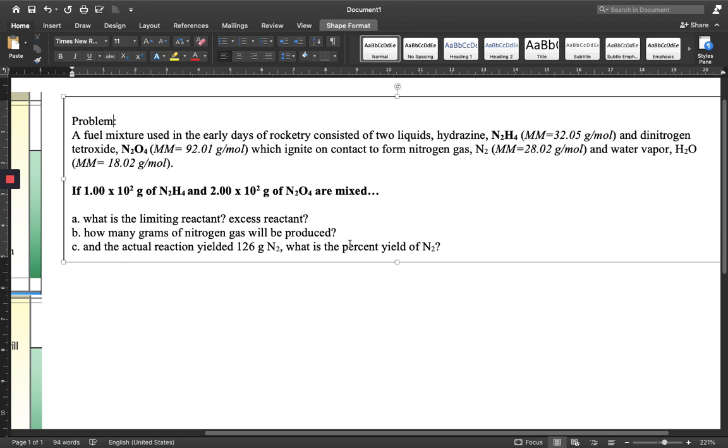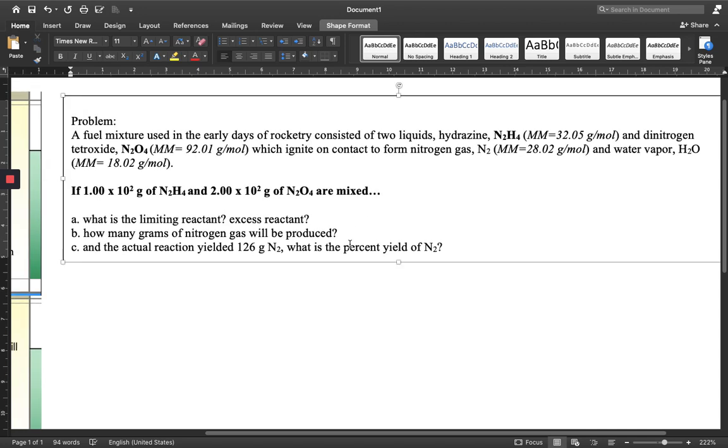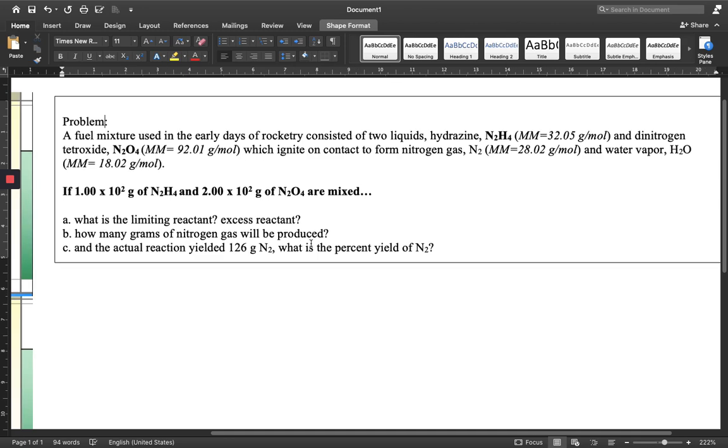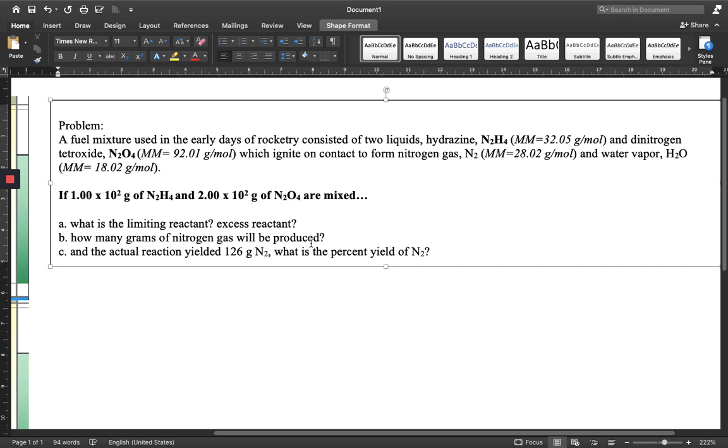Now, limiting reactant problems are actually a stepwise process, and they can be completed until we reach the percent yield. So in this kind of question, you might be asked what the limiting reactant is, what the excess reactant is, and how many grams of a certain product will be produced.